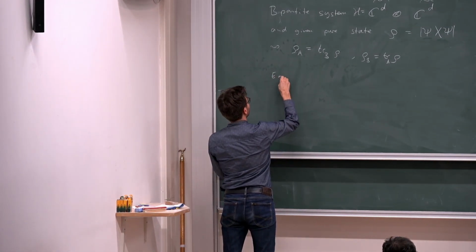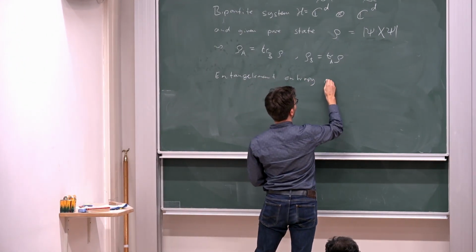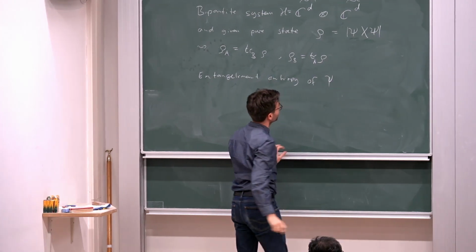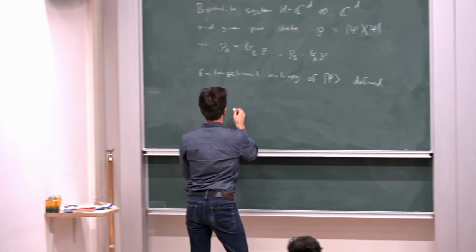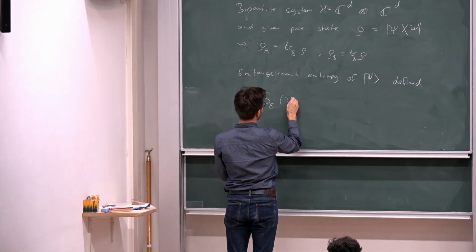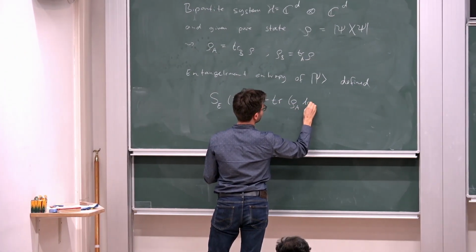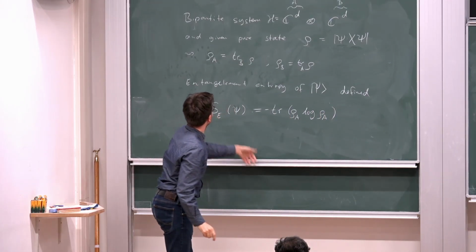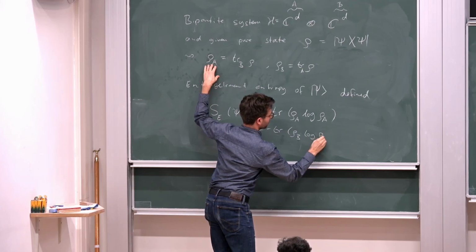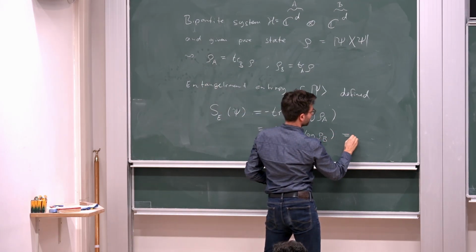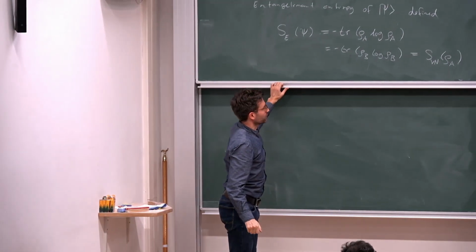And then the entanglement entropy of psi was defined as the von Neumann entropy of the state rho A, or equivalently of the state rho B. So this is just the von Neumann entropy of this mixed state.